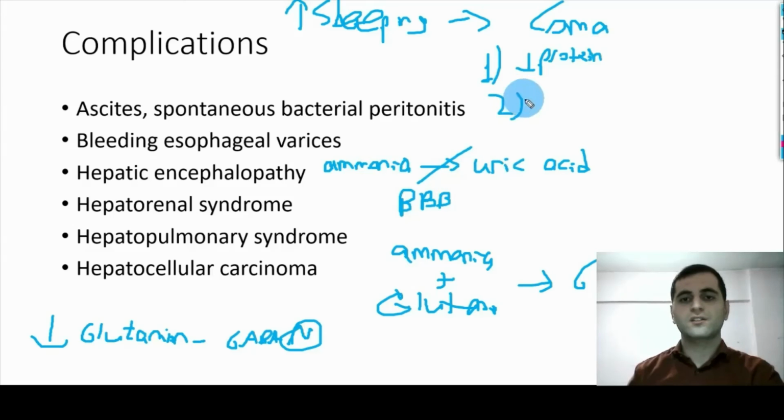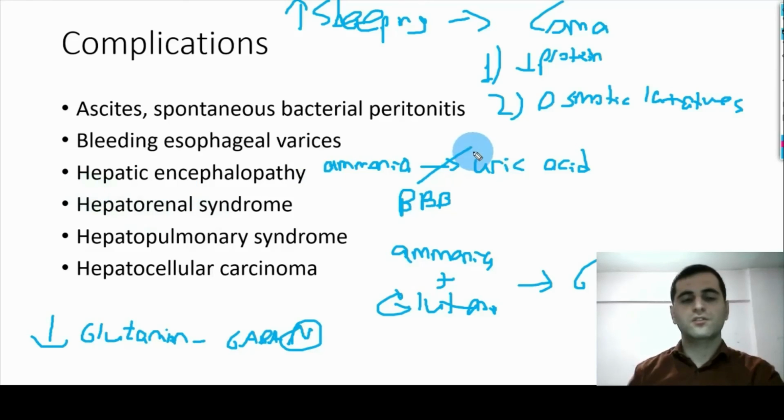And the second treatment, and the very important treatment, is to use osmotic laxatives. We want the patients to have diarrhea, because then if the stools remain a very short amount of time in the small intestines, then less ammonia will be formed, and hepatic encephalopathy will be alleviated.